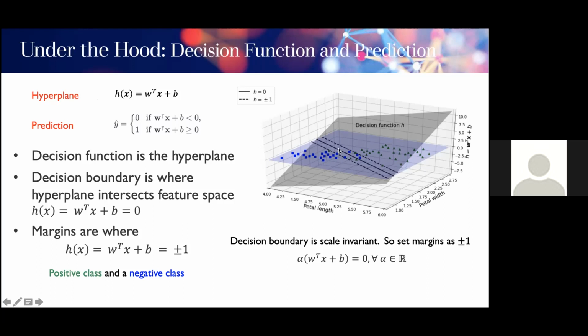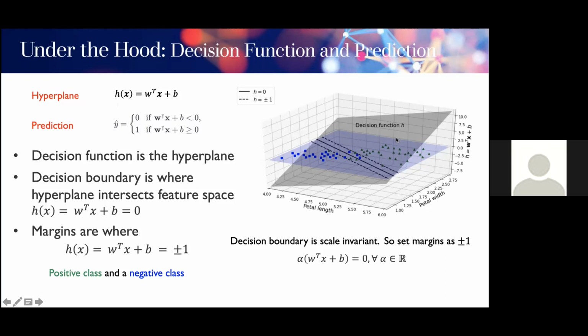So the idea is to draw this plane, in this case a 3-dimensional plane, that linearly divides the triangle class and the square class into two separate sections in the space. Basically, that's what it is. And h of x is that plane, and the prediction is which side of the plane you are on.